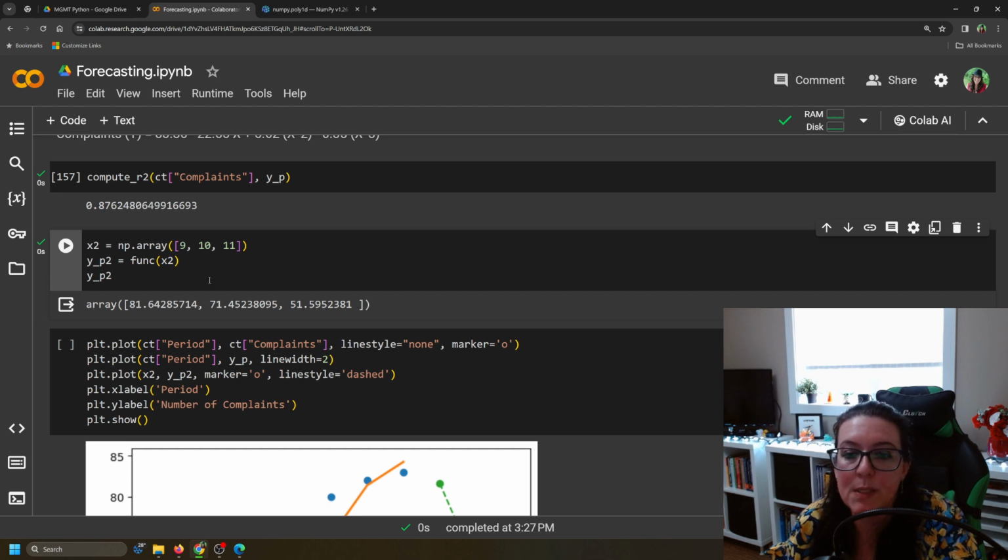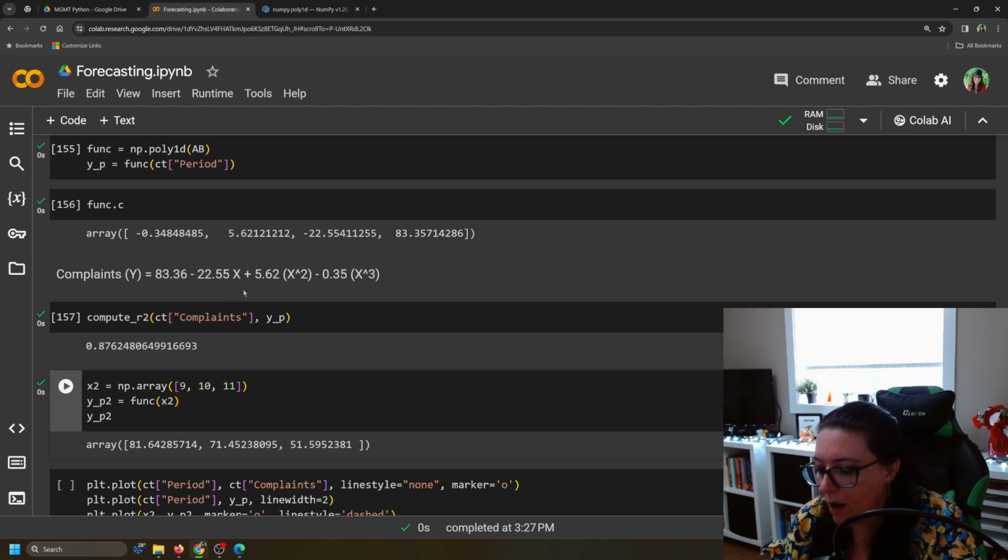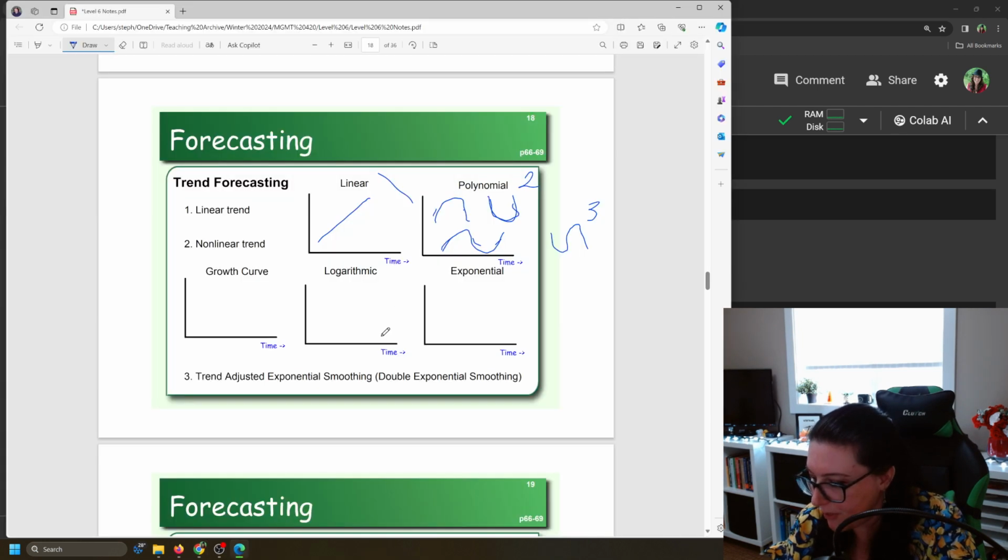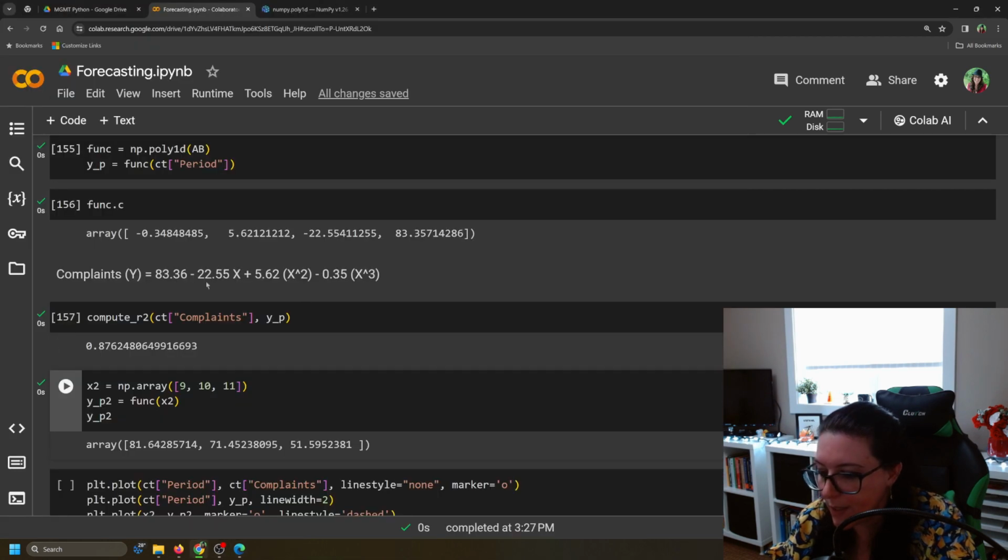For period 10, it's predicting 71.45. And for period 11, it's predicting 51.59. So we had said that with our polynomial of degree 3, right, it either goes up, or down, up, down. So when we looked at our formula here, it was down, up, down.